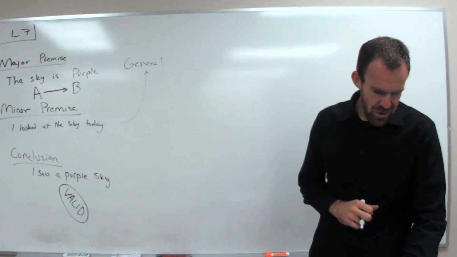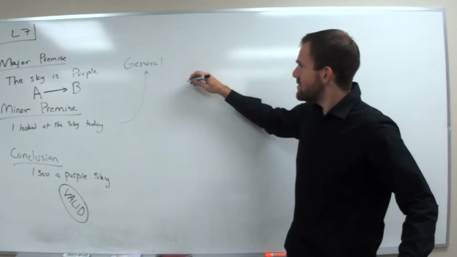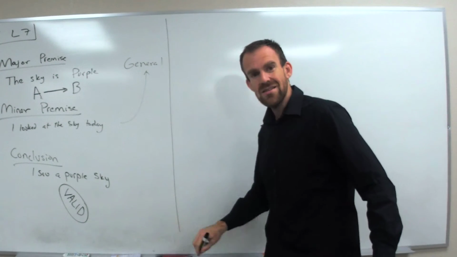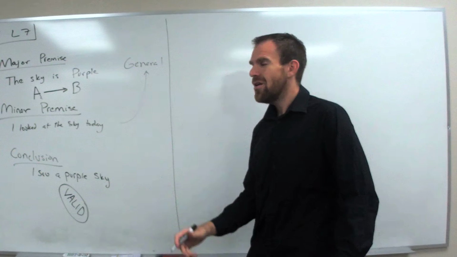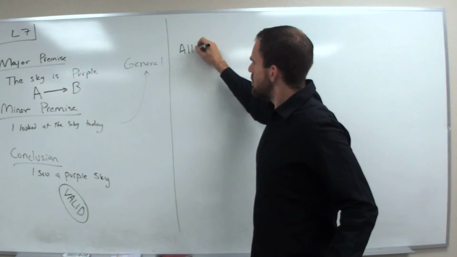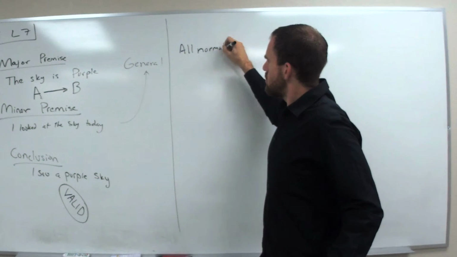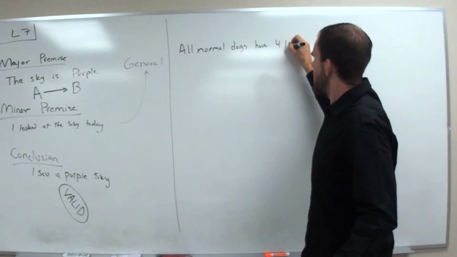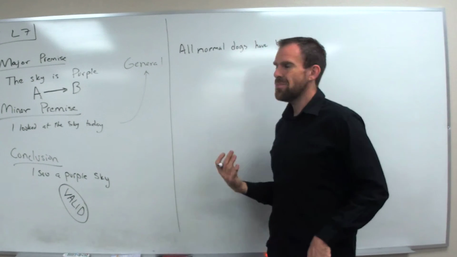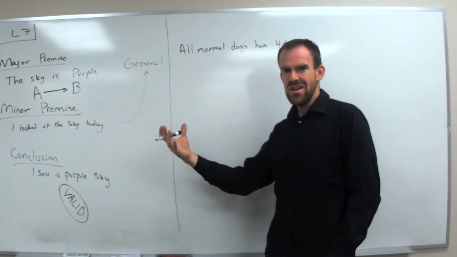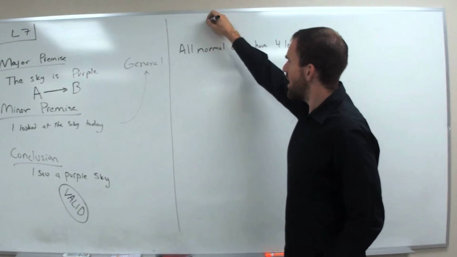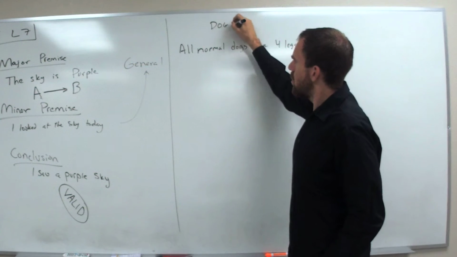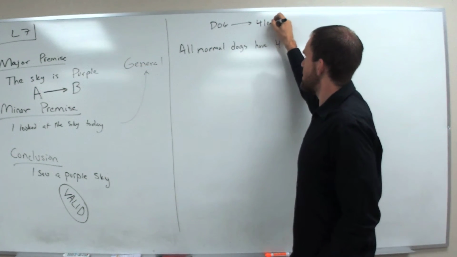Okay, all normal dogs have 4 legs. You may have a dog with less or more legs. However, all normal dogs have 4 legs. That's our major premise. What is the condition? Well, if you have a dog, then you get 4 legs.